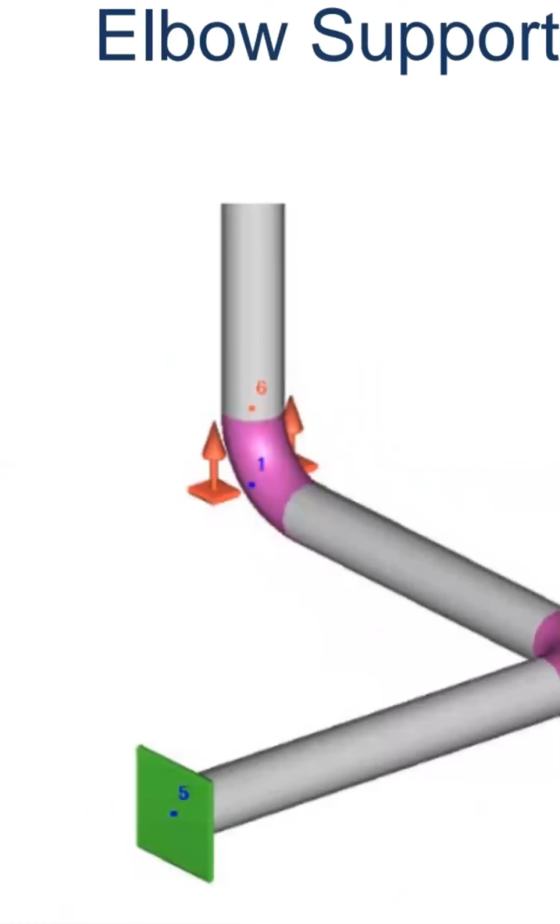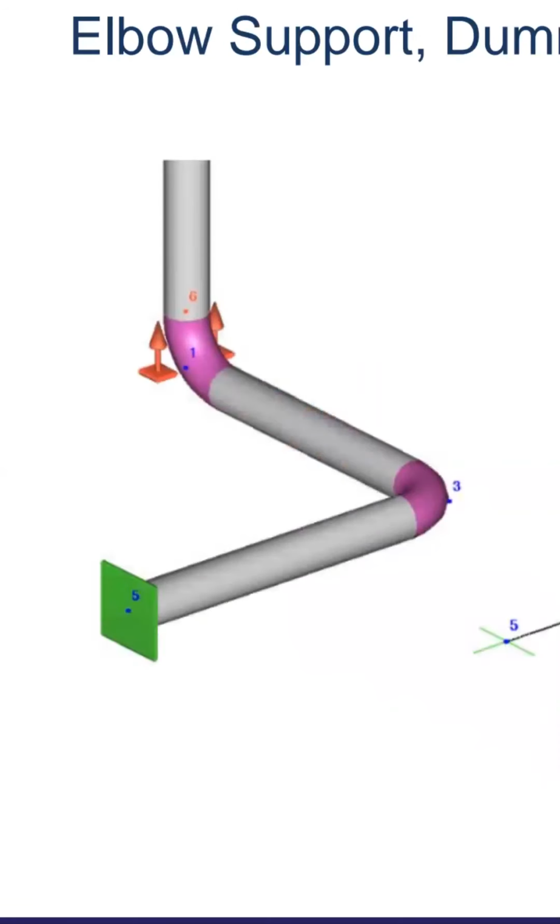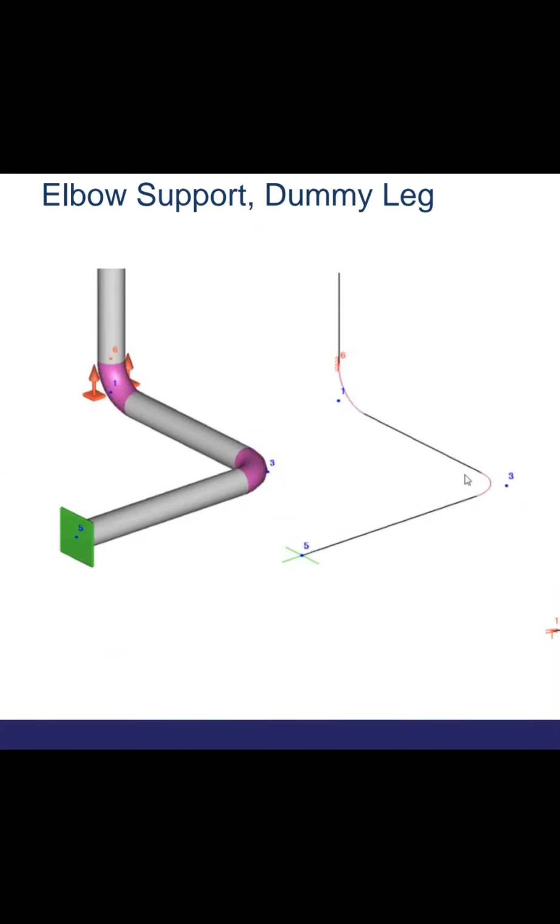Okay. If there is no elbow support, your pipe or the model will wiggle and have deformation. So to avoid such deformation, you need to affix your elbow support.